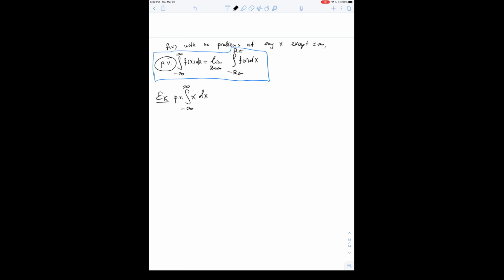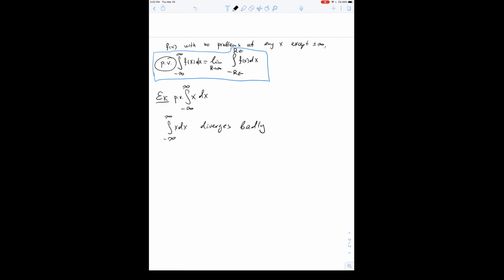And as you hopefully remember from Calc 2, this integral has no way to converge in the regular sense. So this integral without the PV diverges badly.